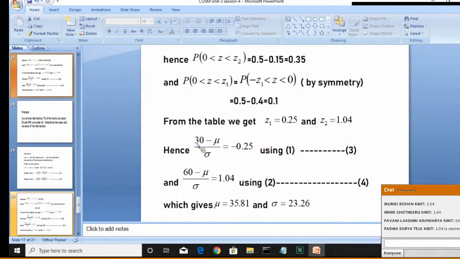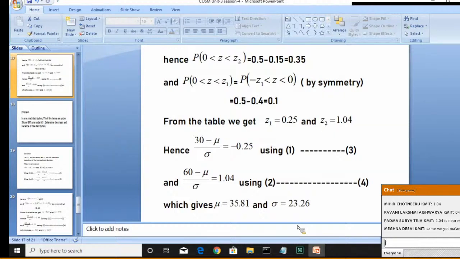Now you substitute, and what we wrote in the previous slide, we were missing Z1 and Z2. We are substituting there, and take out your calculator and calculate mu and sigma. Mu and sigma you find out. Take your two equations in two unknowns. Okay, your answer is tallying with mine, or my answer is tallying with yours.